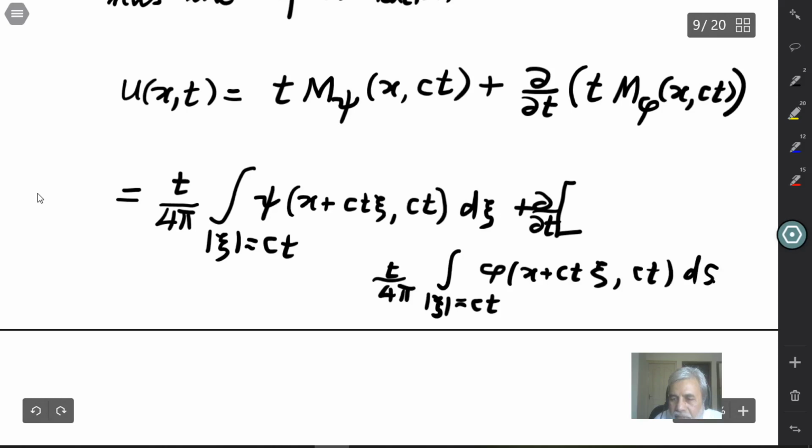These are surface integrals, let me not forget that.